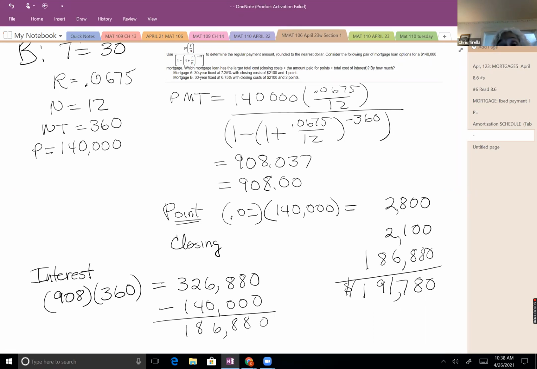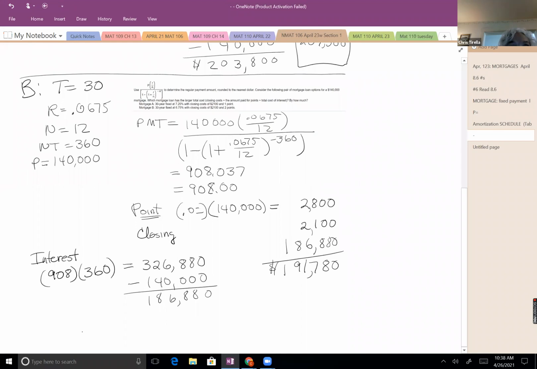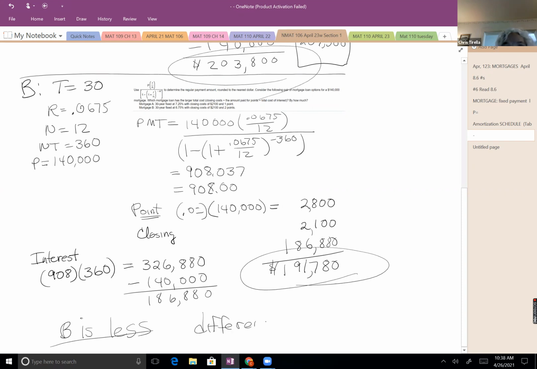And so now what the question asks us to do is to compare them. Does everybody see that B is less? And the difference between the two would be the 203,800 minus the 191,780.